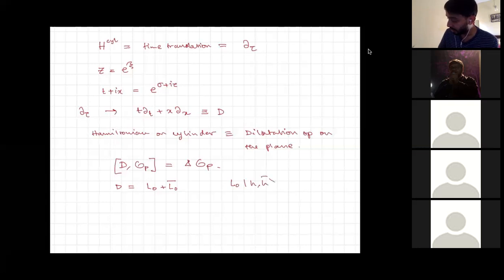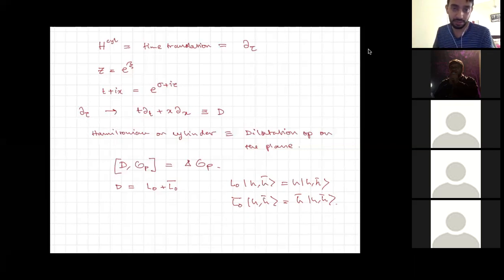So L naught of a state h, h bar gives you h, and L naught bar of it gives you h bar. We'll look at the equivalent of energy eigenstates and build things from there. We'll build our Hilbert space from there. But just hold on a little bit, and we will try to make this a little clearer.